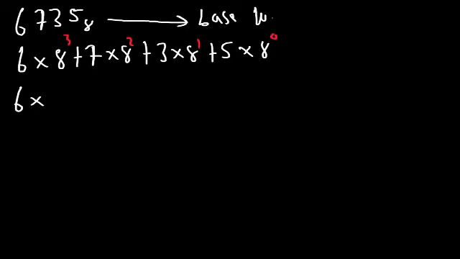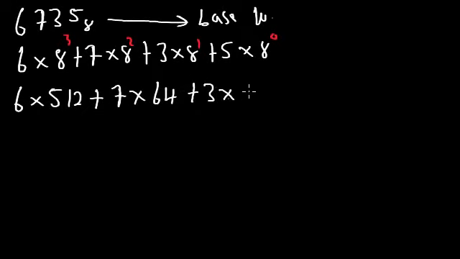First, let's find the value of 8 to the power of 3. That should result in 512. So I'm adding that to 7 times 8 to the power of 2. 8 raised to the 2 is simply 64. So finally, we should have 3 times 8 to the power of 1, that's 8, plus 5 times 8 to the power of 0, that's 1.